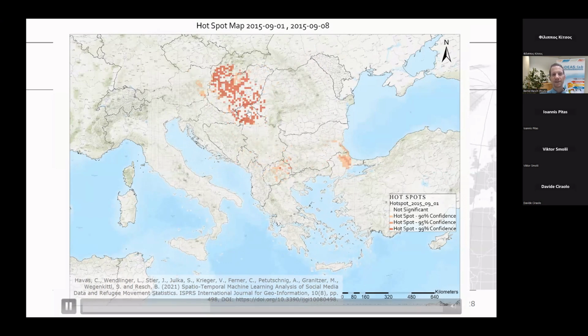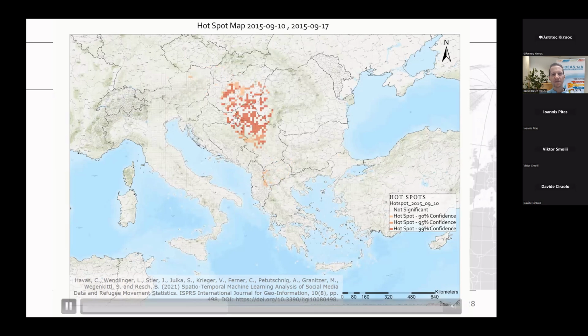And then you see that people start crossing into Austria, for example. So this is a daily visualization. And then you remember that Hungary built their infamous fence towards Serbia.